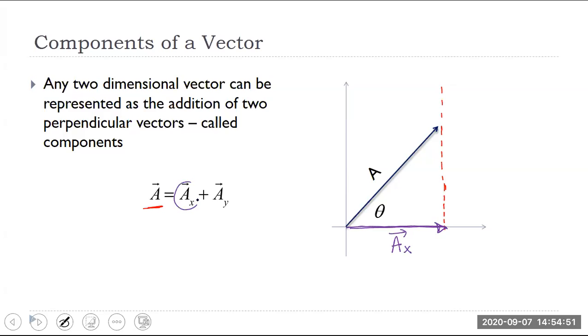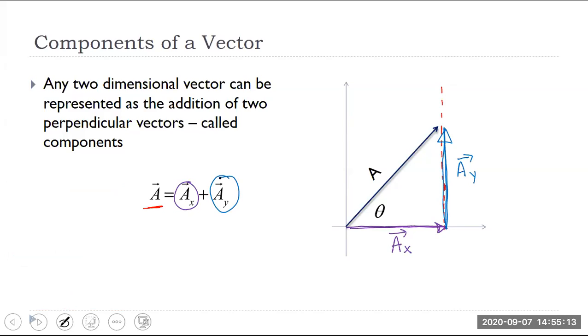That's this piece right here. And then I can add to it a vector AY that goes here. And that's this piece.